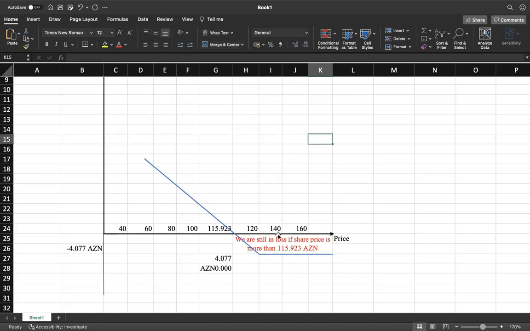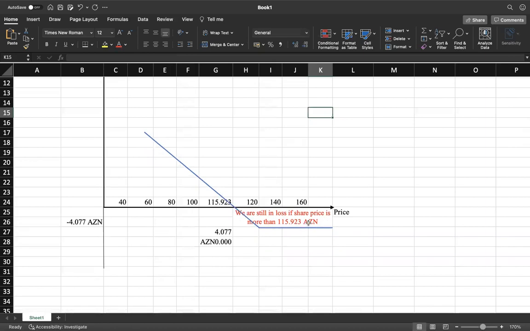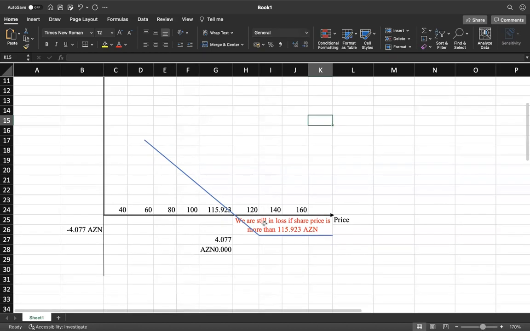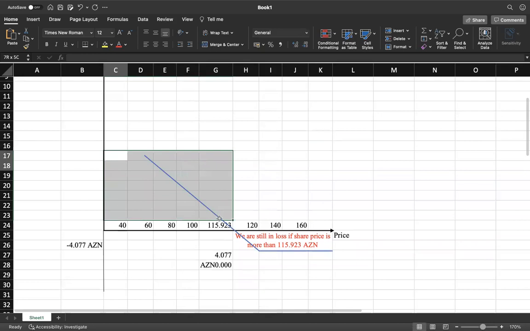In this part, we are in loss because we are not making any profit, but starting from 120, our loss is getting decreased. But in this part, we are making profit.